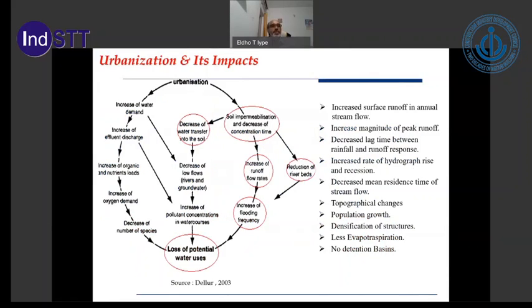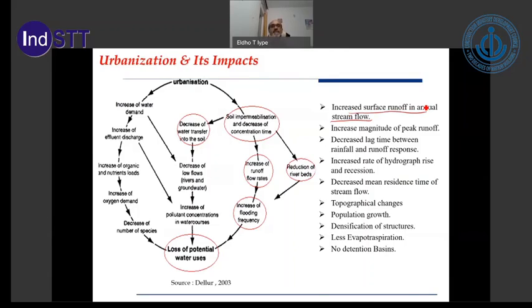When we look into the problems of urbanization, whenever there is urbanization, there is a lot of pavement development and construction, and a lot of areas are converted to impervious areas. That way, there is a possibility of increased surface runoff in stream flow.